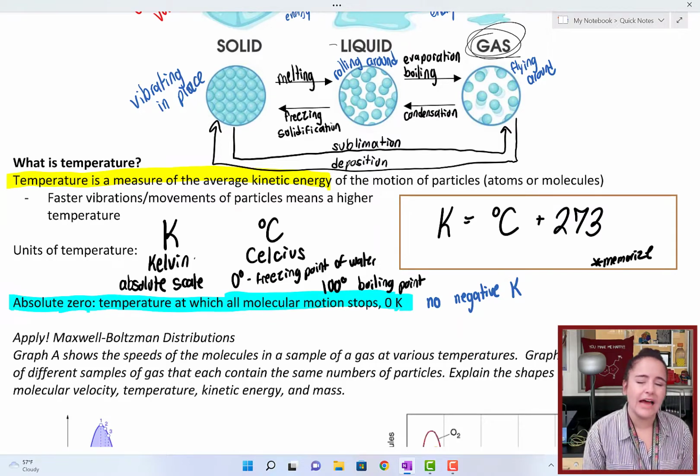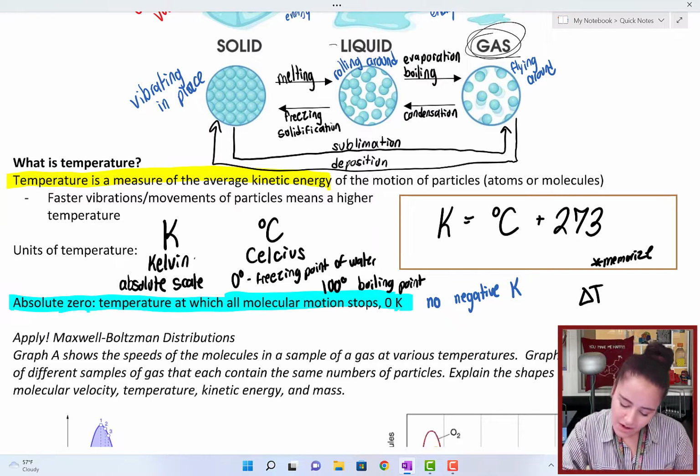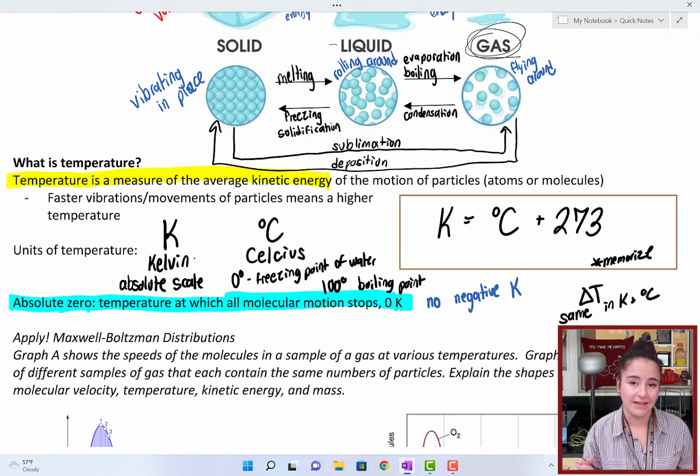However, most of the time we'll be talking about differences in temperature, or delta T. And because the conversion is just an addition of 273, delta T will always be the same in Kelvin and degrees Celsius. So if you're looking at a delta, don't feel a need to convert, okay? Cool.